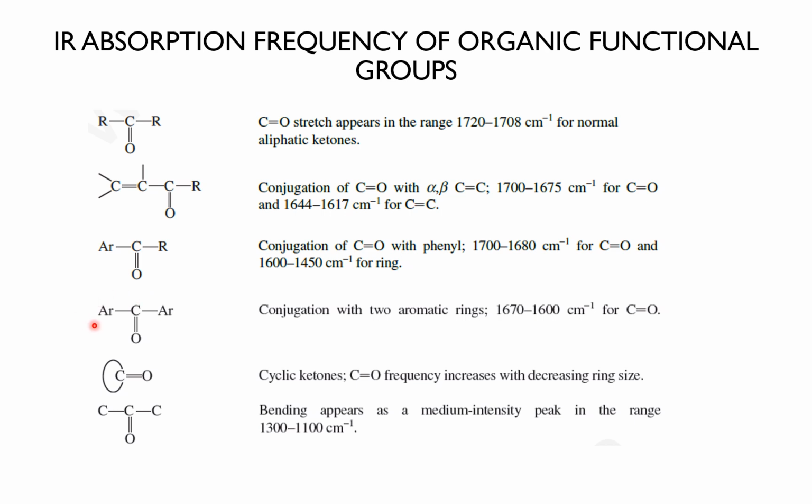And if we have two aromatic groups, then the value will decline further because there is conjugation with two aromatic rings. So the range is 1670 to 1600 centimeter inverse. If the ketone is a cyclic ketone, then the frequency increases with decrease in ring size.